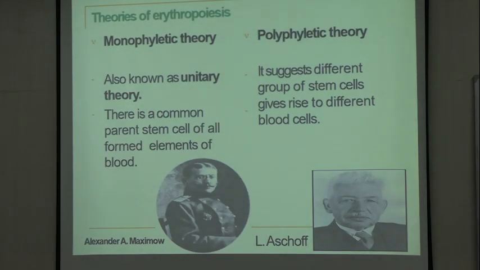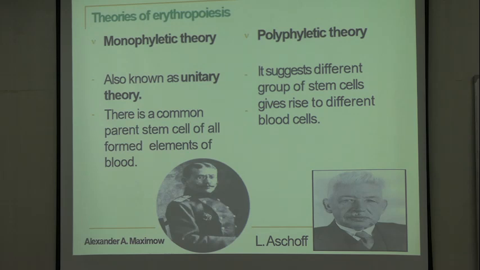Regarding erythropoiesis, there were two hypotheses previously. At that time, we didn't have so much knowledge regarding erythropoiesis. So two gentlemen gave two hypotheses. One hypothesis is the monophyletic theory, and what does this theory state?